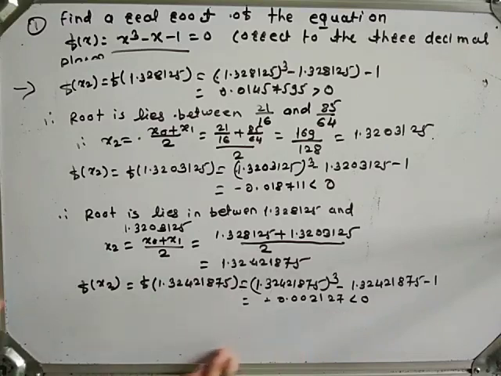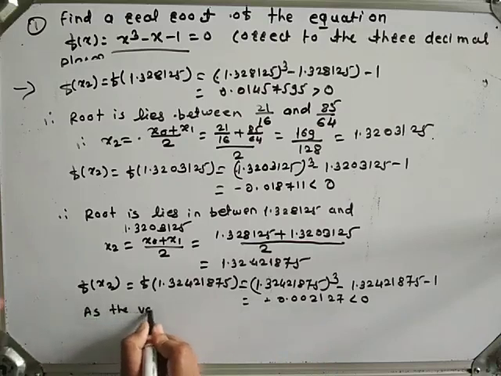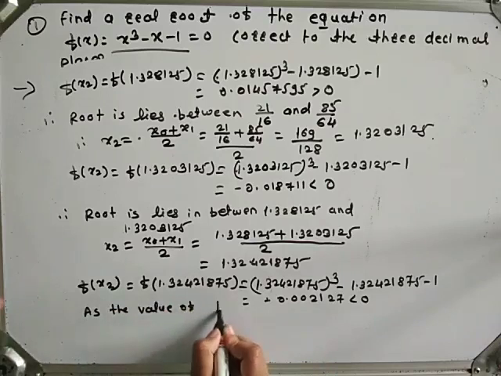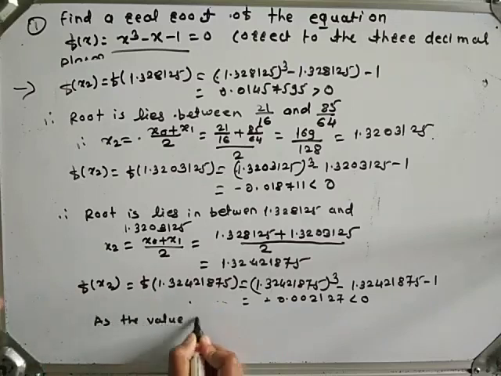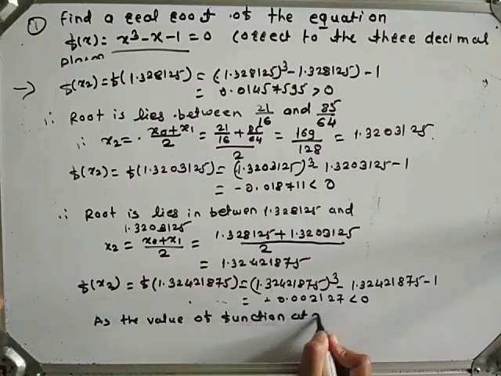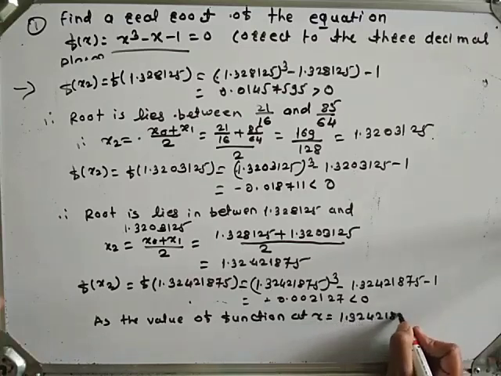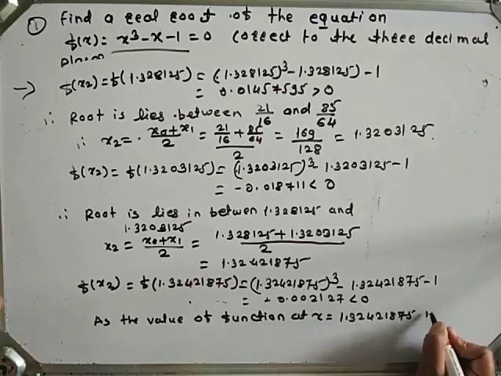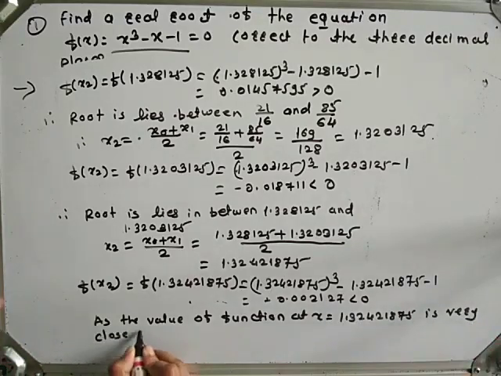We stop the iteration as the value of the function at x equal to 1.32421875 is very close to 0.